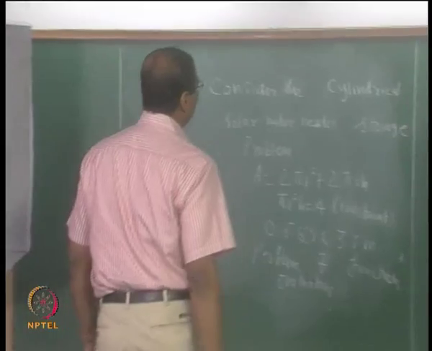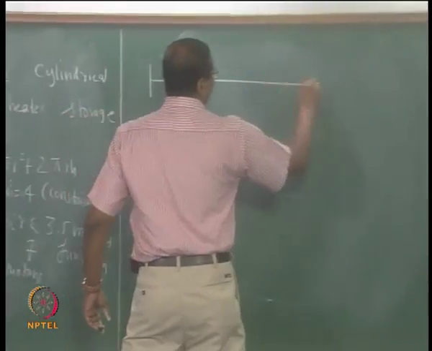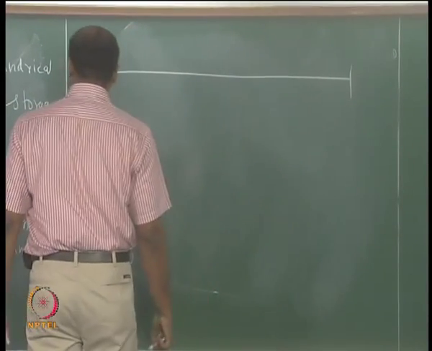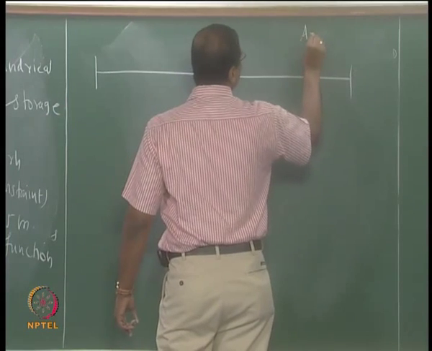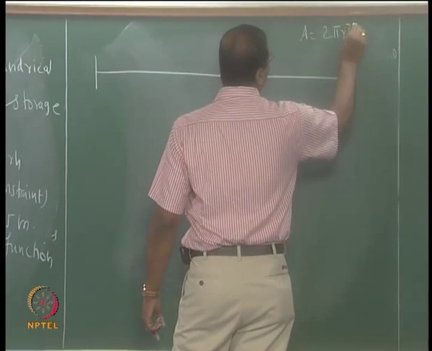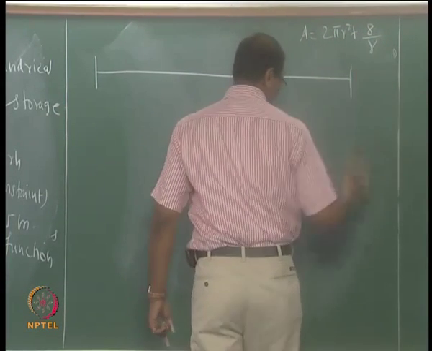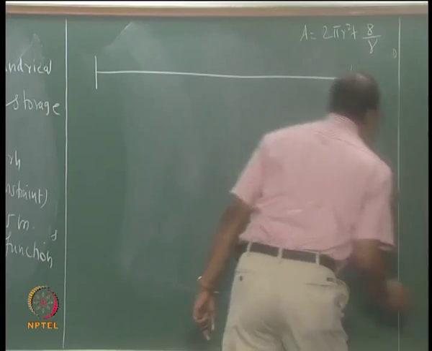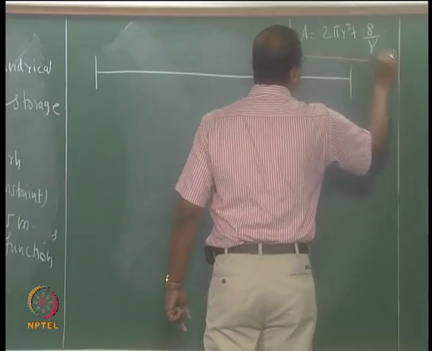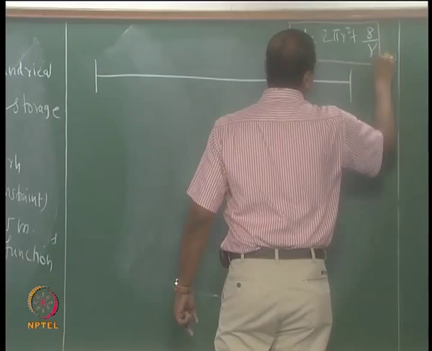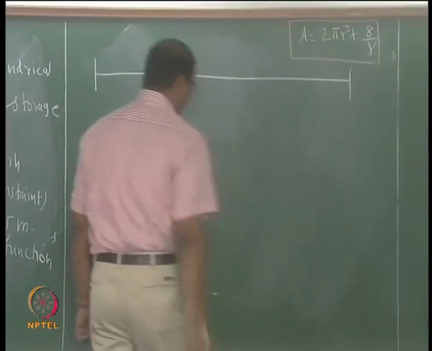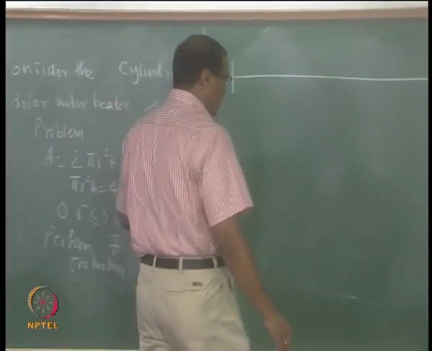Okay, so this is the problem. So A equals 2 pi r squared plus 8 by r.